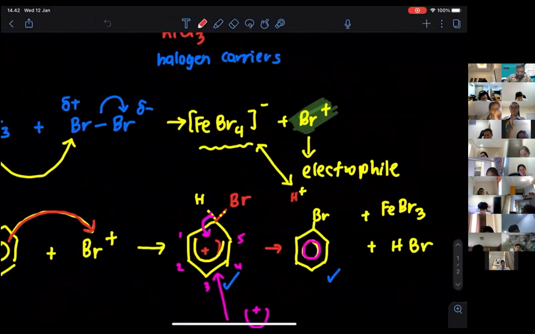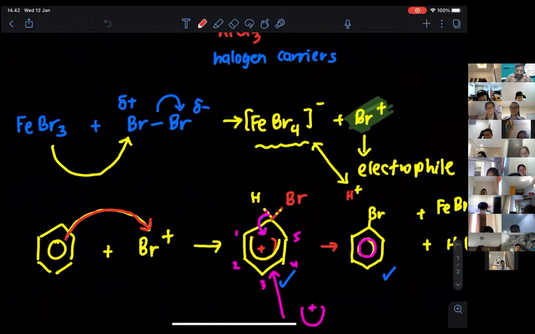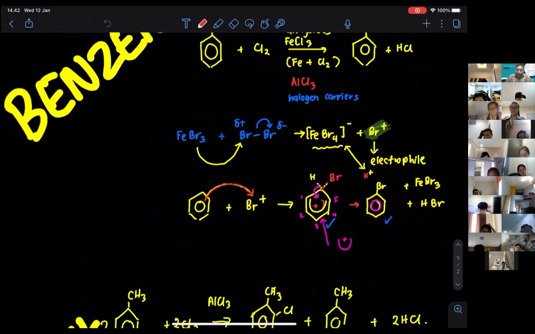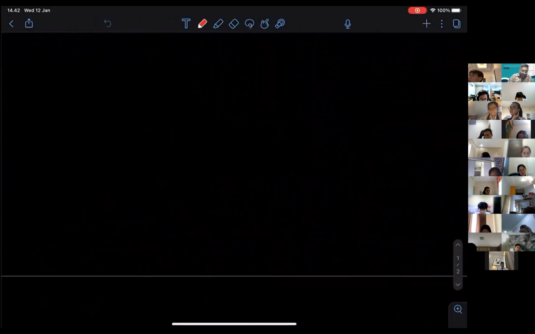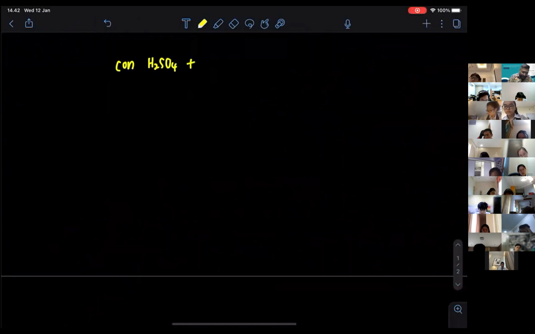You can see how you made the electrophile from the FeBr3. But what we are going to do over here is use concentrated H2SO4 and concentrated nitric acid, and the temperature in your textbook is 55 degrees Celsius.